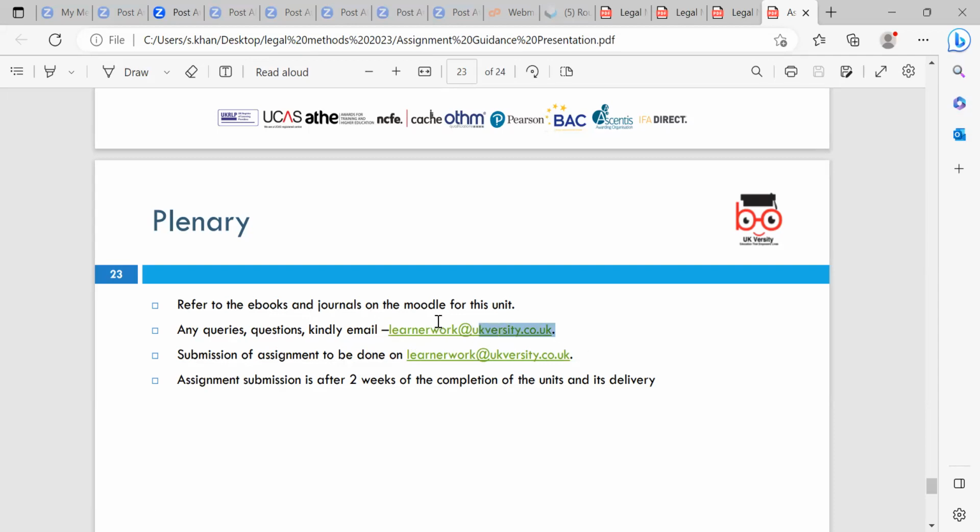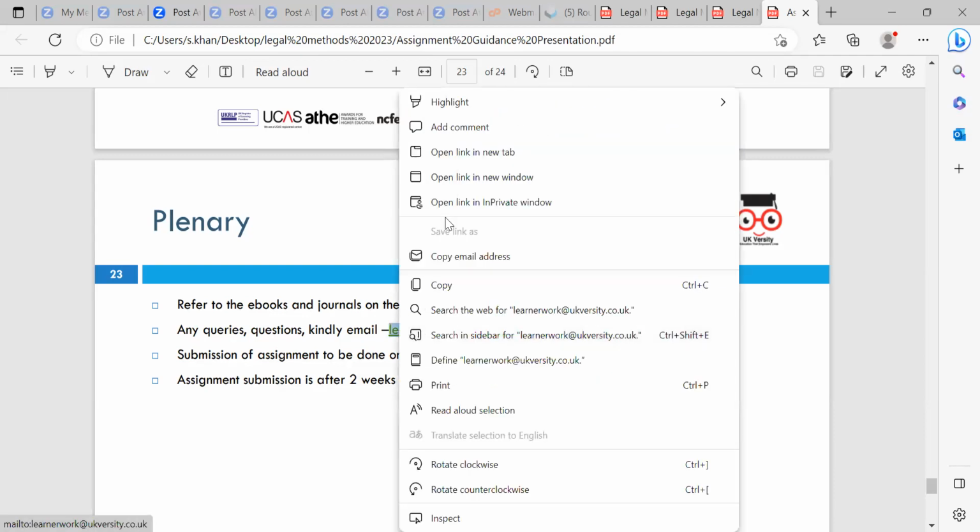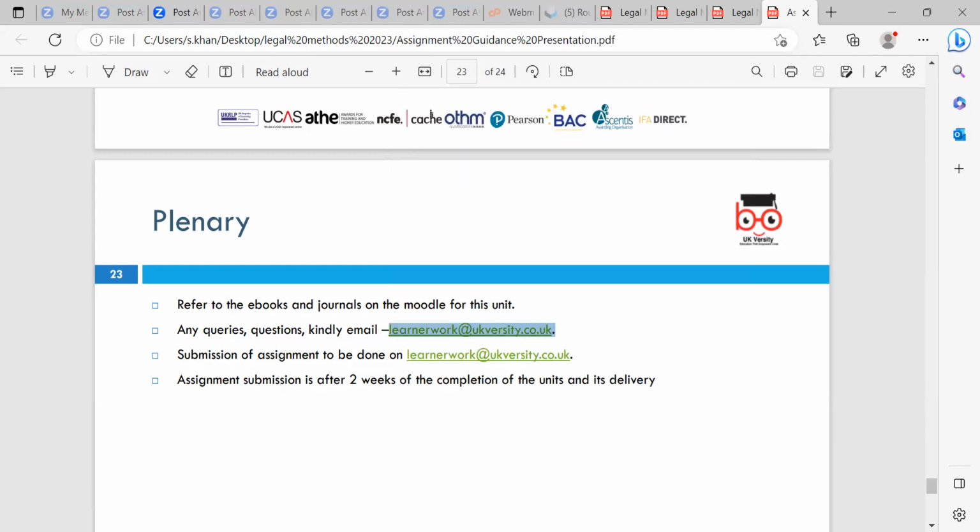Just 1 minute, I'll copy that and put it in the chat so you've got a better idea of where you need to submit it. Have you got it in the chat now? learnerwork@ukvarsity.co.uk.